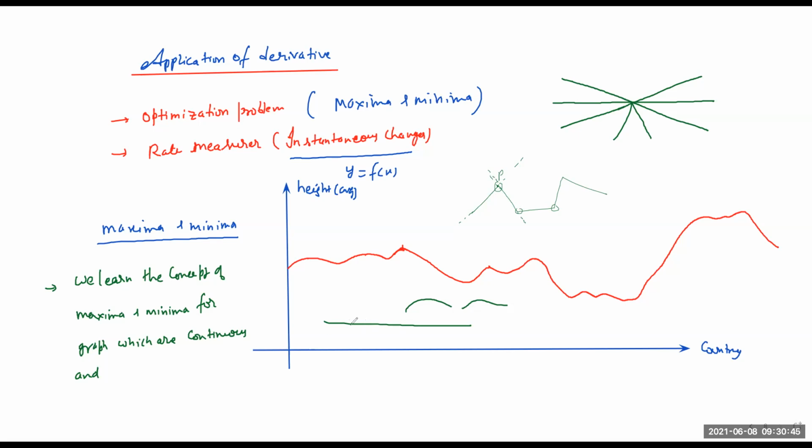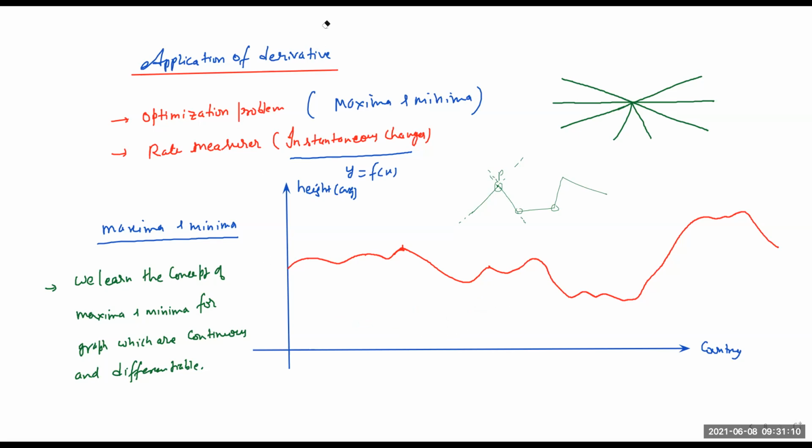Slope is 0 everywhere. If we draw tangents, all will coincide with each other, right? So every tangent will have a 0 slope in such a case, if you are talking about a line parallel to the x-axis. So that is also defined, continuous, and differentiable.